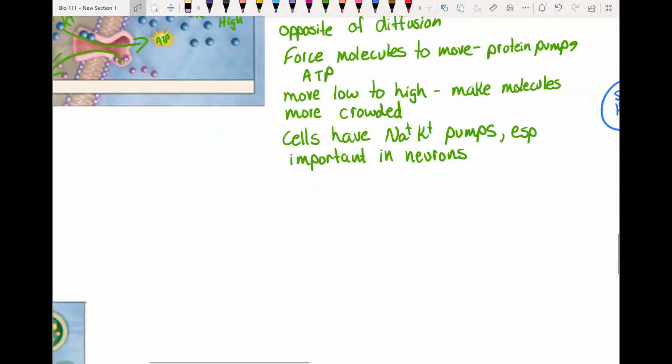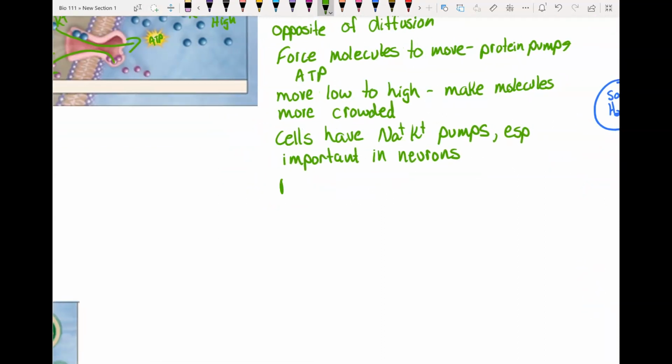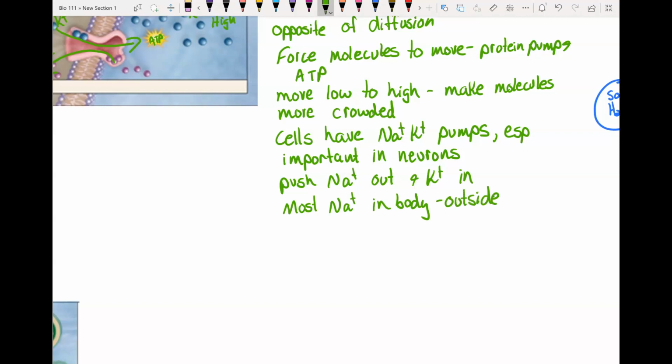These pumps are continually moving. They push sodium out of your cell and potassium into your cell. So in general, most of the sodium in your body is outside your cells. It's in your blood and your interstitial fluid.